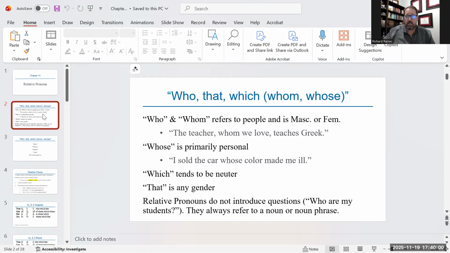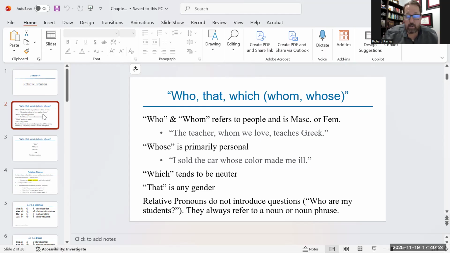I think he does a really good job of breaking it down in the textbook in section 14.1. That almost means you can not look at the slide. So if you don't have your textbook, pause this recording, grab your textbook, go to page 138, section 14.1, and let's look at that together.